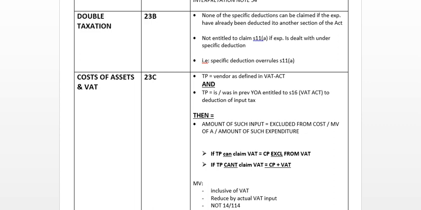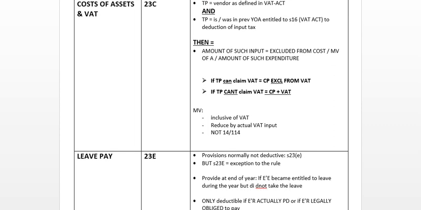Okay, cost of assets and VAT. The taxpayer is a vendor as defined in the VAT Act. We'll deal with the VAT Act in subsequent weeks. But if the taxpayer is, and was previously in the year of assessment, entitled in terms of section 16 of the VAT Act to deduct any input tax, then the amount of such input tax is excluded from the cost or market value of such expenditure.